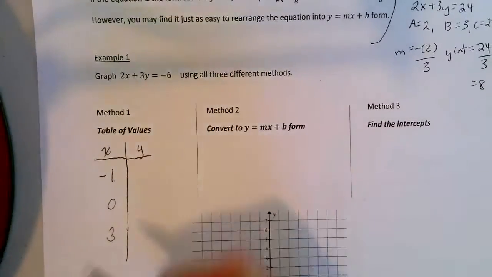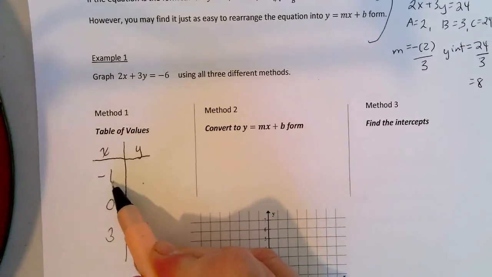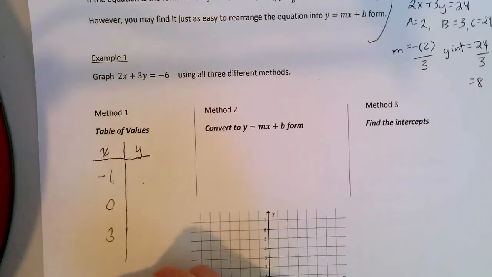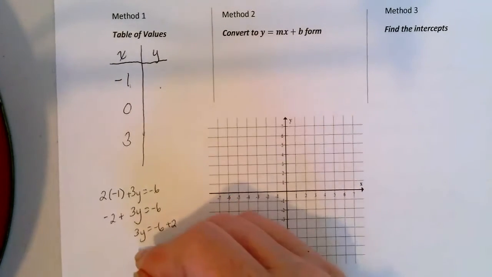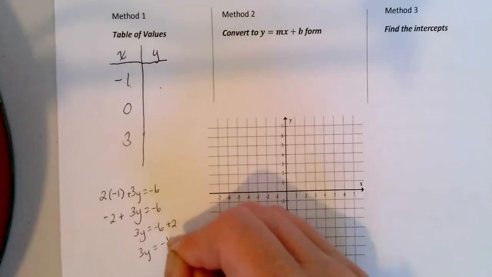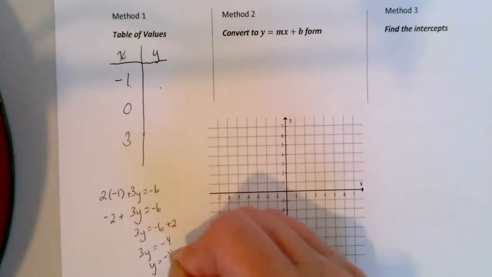And then I have to find the partner y by replacing x in the equation with negative 1. So it's 2 bracket negative 1 plus 3y equals negative 6. So that'll be negative 2 plus 3y equals negative 6. Bring over the negative 2 to the opposite side to get positive 2. So 3y equals negative 4. So it's negative 4/3.